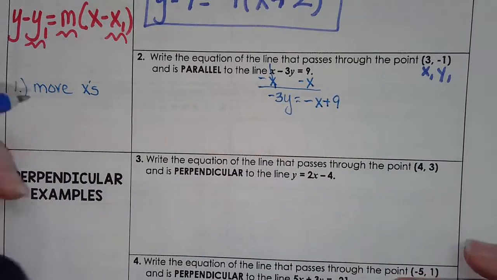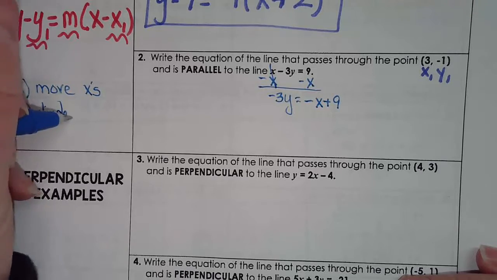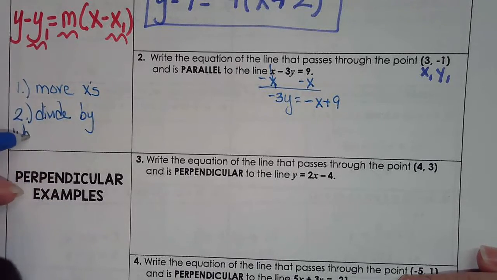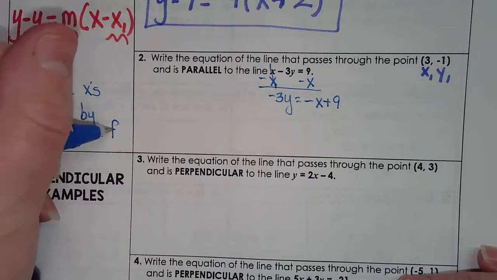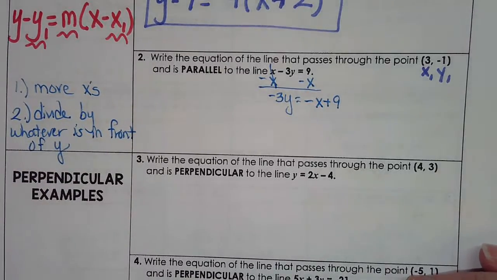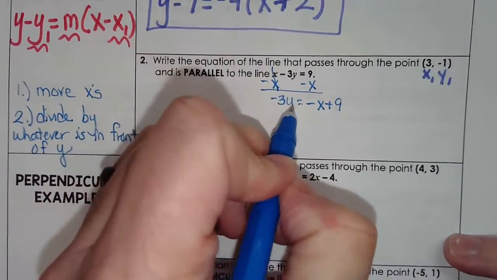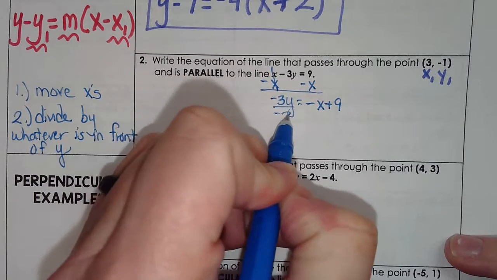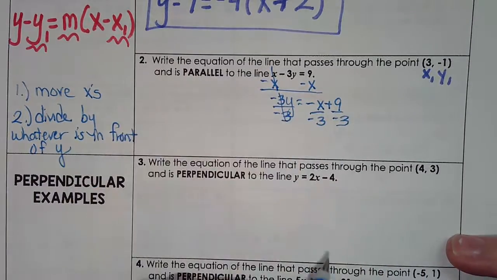So move the x's, and after that, we're going to divide by whatever's in front of y. So we're going to divide by -3. So I divide everything by -3, and we have to be careful with signs.